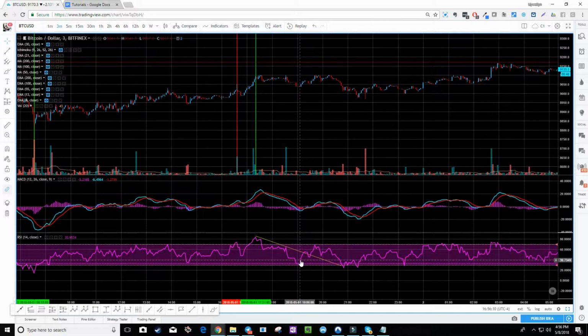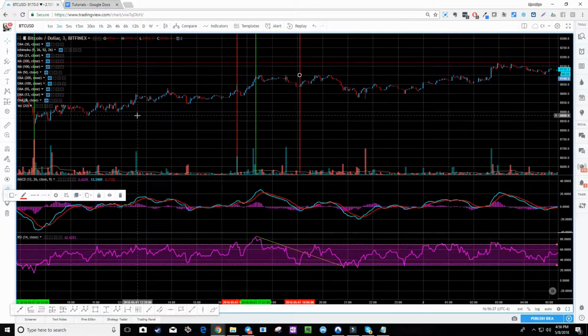It closes really close to oversold here. So I would consider closing the trade right at that point. Depending on how much you come into the trade with, if you're leaving yourself plenty of runway, then you can let it run for a little bit longer and just average, dollar cost average.